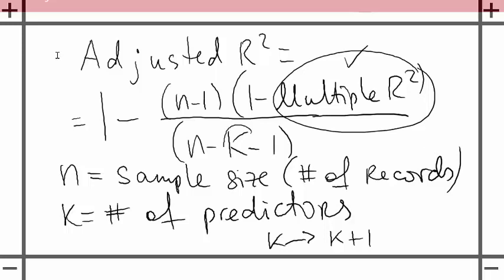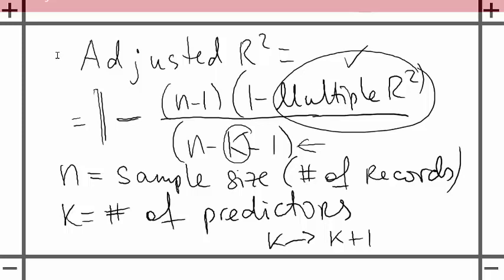But since my K is getting higher, I just added one more variable, then my denominator is getting smaller. So if I'm dividing by a smaller number, I'm getting what? A higher number. So therefore, from 1, I'm subtracting a higher number. What happens to adjusted R squared? It starts going down. So this is exactly what adjusted R squared does.